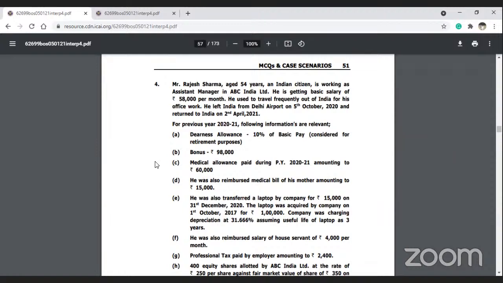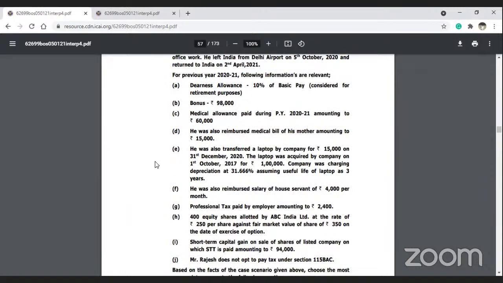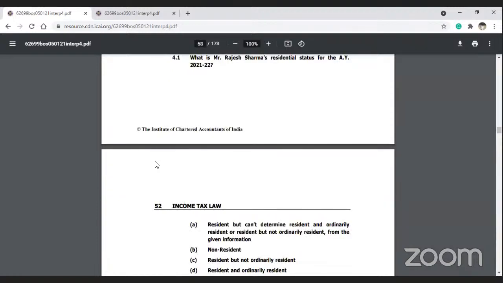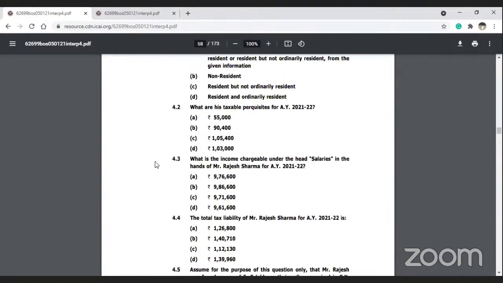Then for DA, he is taking only 10% of basic pay, 58,000 into 10%, into 12, that is 69,600. And then bonus is completely taxable. And medical allowance. Maybe that 1,05,400 as taxable perquisite, and medical reimbursement.